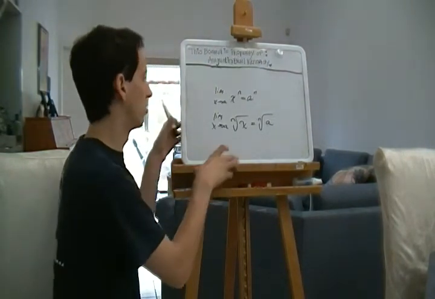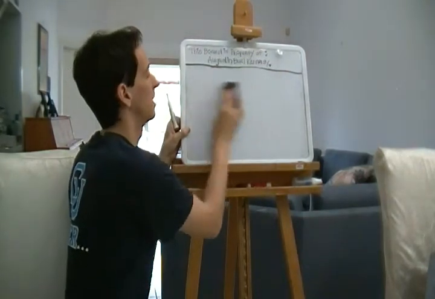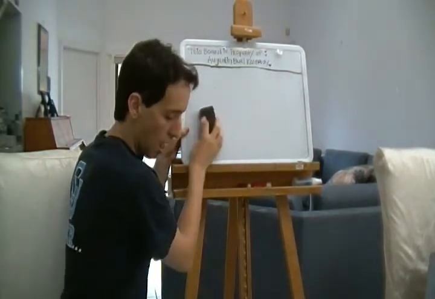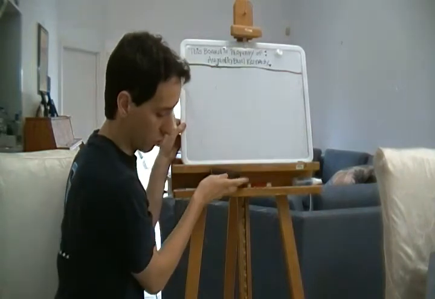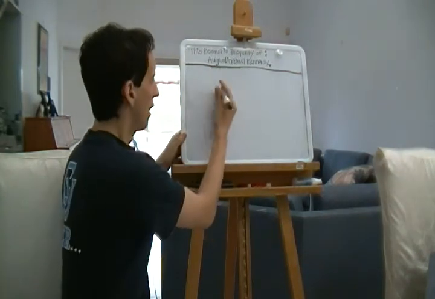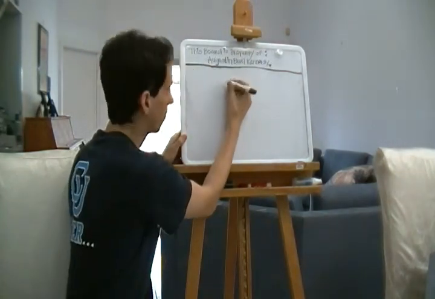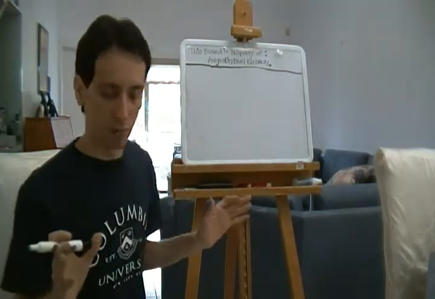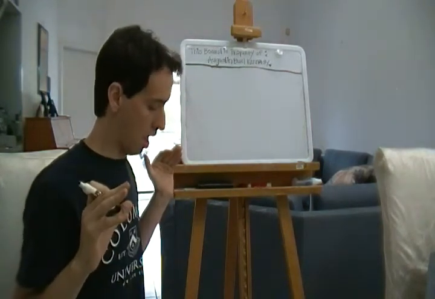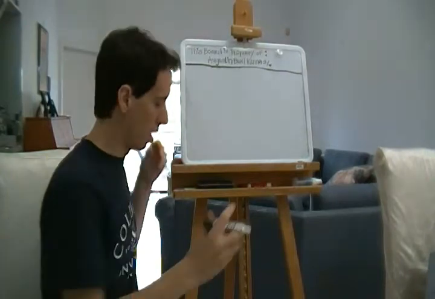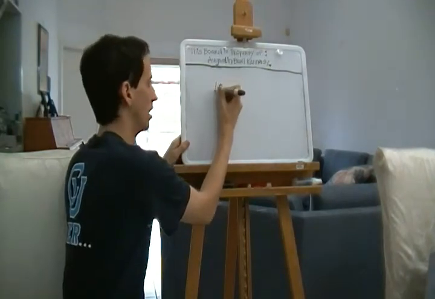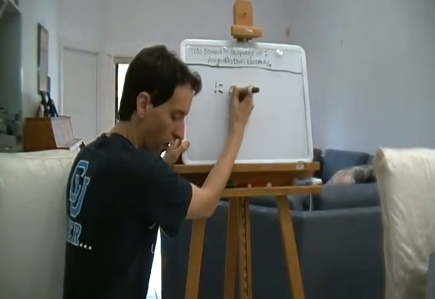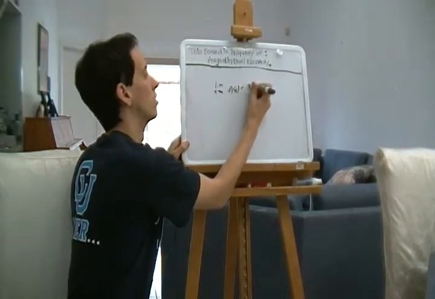And finally, there's something that we already did last time, and that's direct substitution. That's the way that polynomials work. If f is a polynomial and a is in the domain, then the limit as x approaches a of f of x equals f of a.